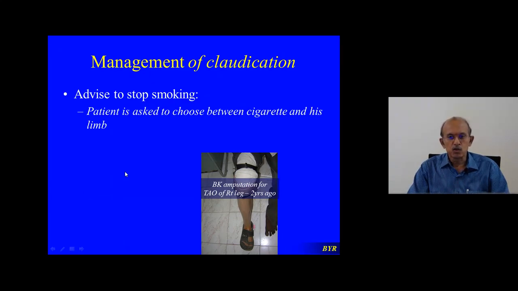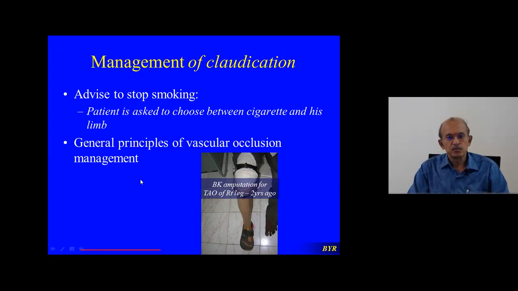The patient is asked to choose between cigarette and his limb. And the general principles of vascular occlusion management, already discussed: exercise up to the distance of claudication, diet management, management of diabetes and hyperlipidemia, then platelet modifying drugs. Those things should be used.